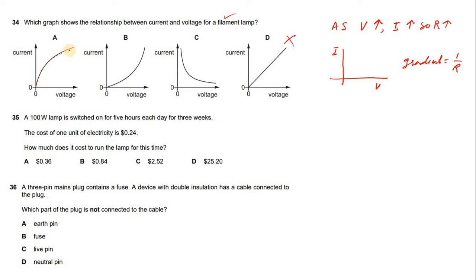Once the gradient decreases, resistance increases because they are reciprocal. So resistance R is equal to 1 upon gradient for an IV graph. Remember, if you have a VI graph, then the gradient is the resistance. And for the filament lamp, the IV graph is curving down. So basically option is A.